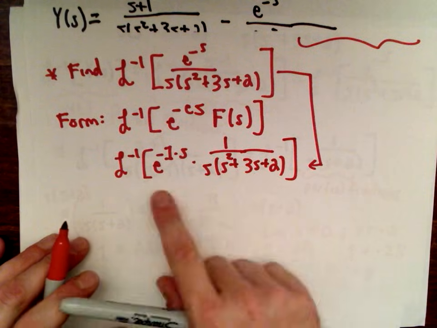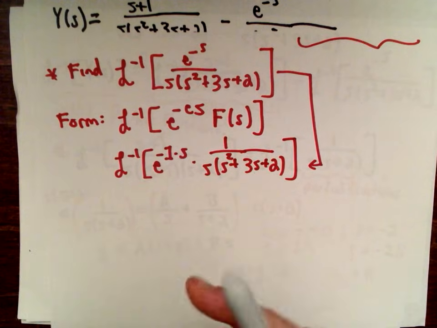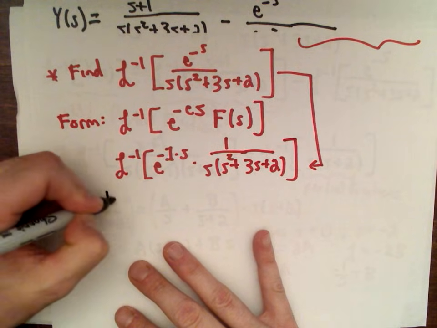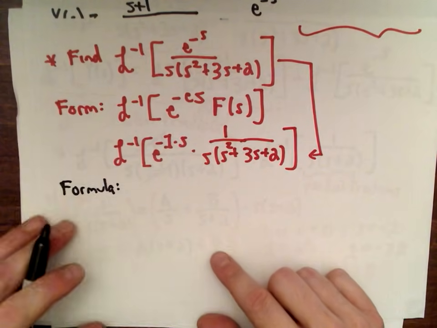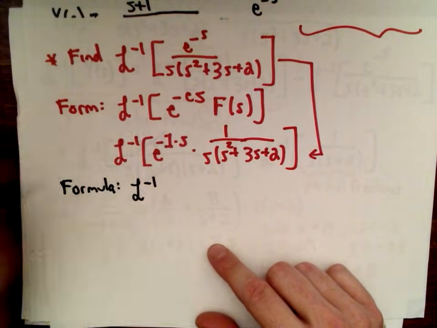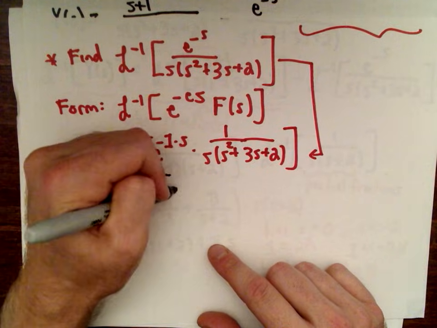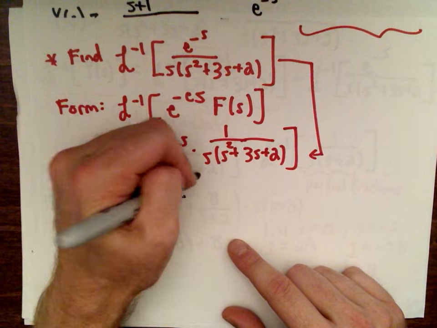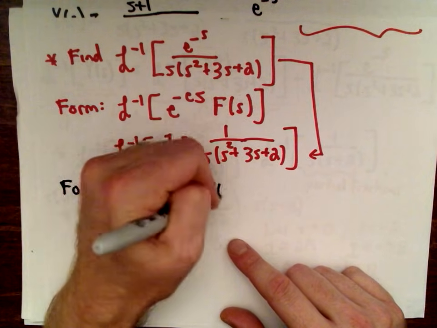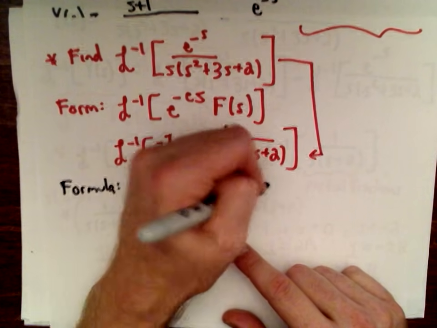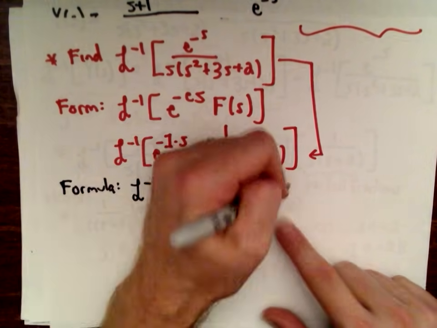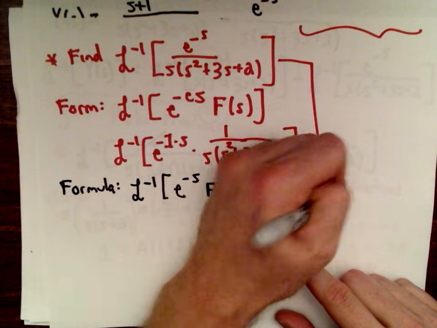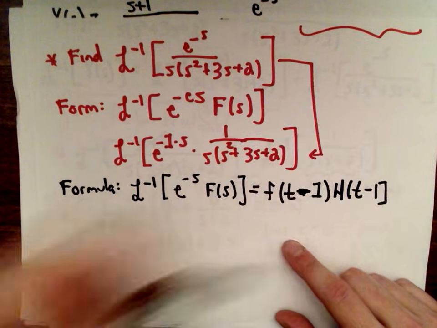Okay, now there's a formula for these. The formula that we're going to use says if you've got an inverse Laplace transform of a function of the form e to the negative s times f of s, again, I'm just using a table here, that gives us a function of the form f of t minus 1 times h of t minus 1.